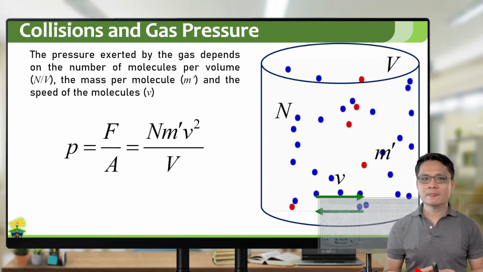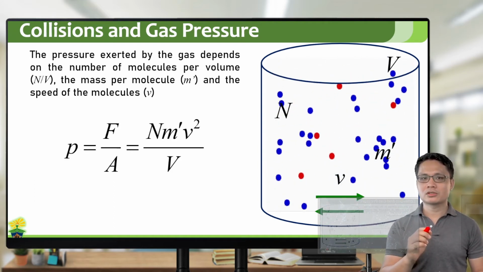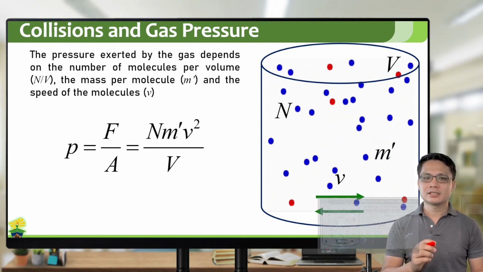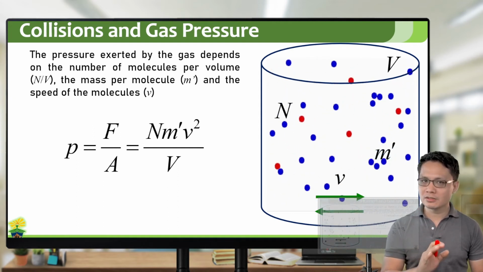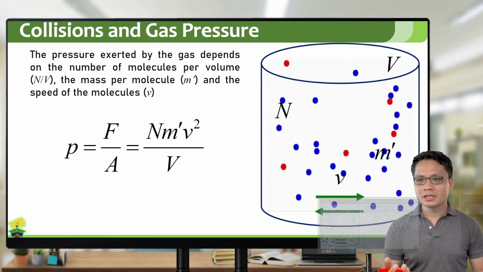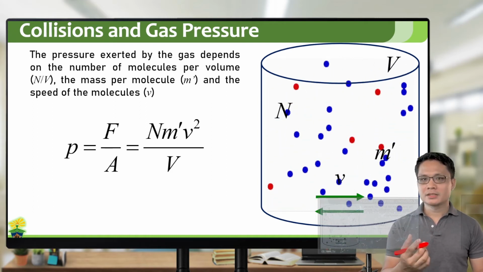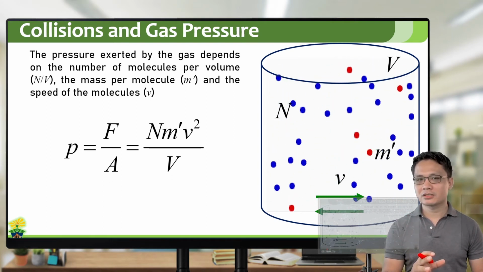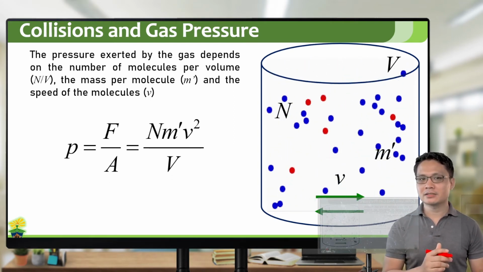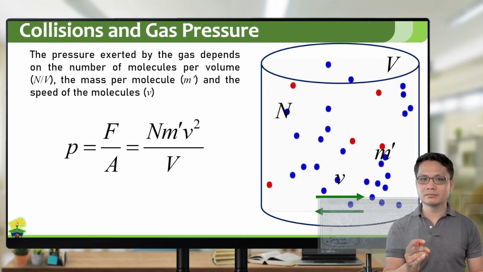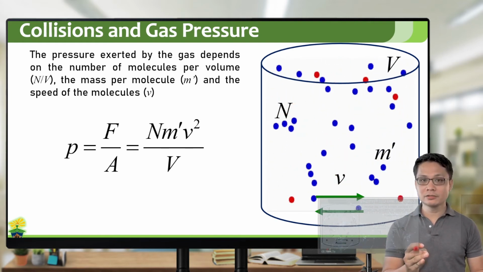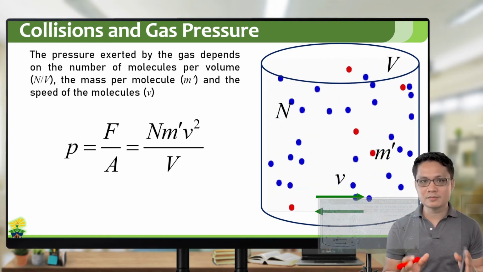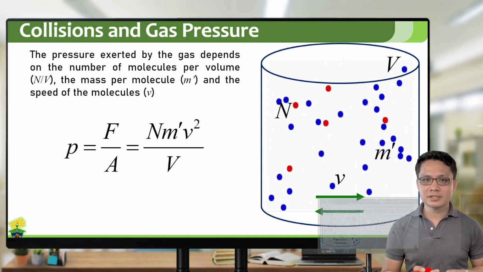So from this, we know that pressure is just the amount of force exerted on a specific surface under consideration. We could have the relationship that the pressure inside the container depends on the mass of the particles involved, the velocity of the particles involved, and of course the volume of the container where these particles are moving.